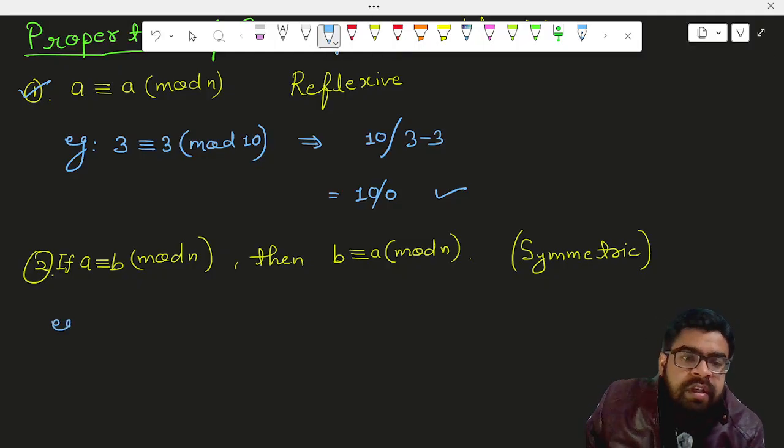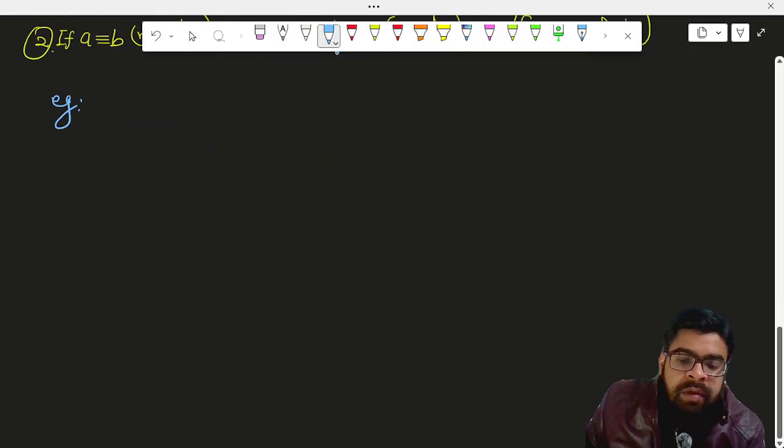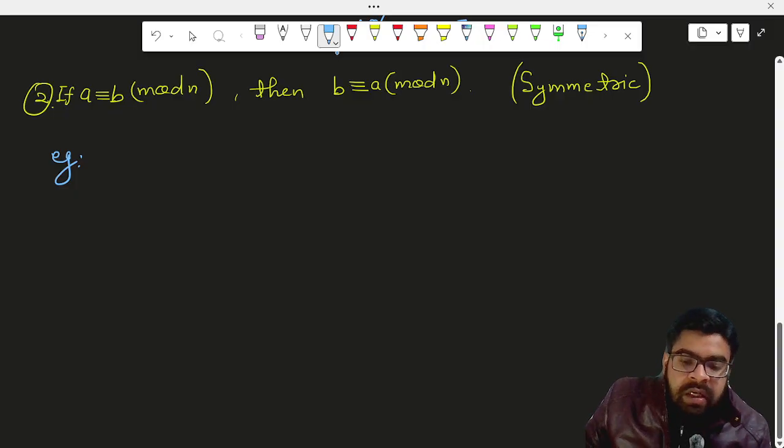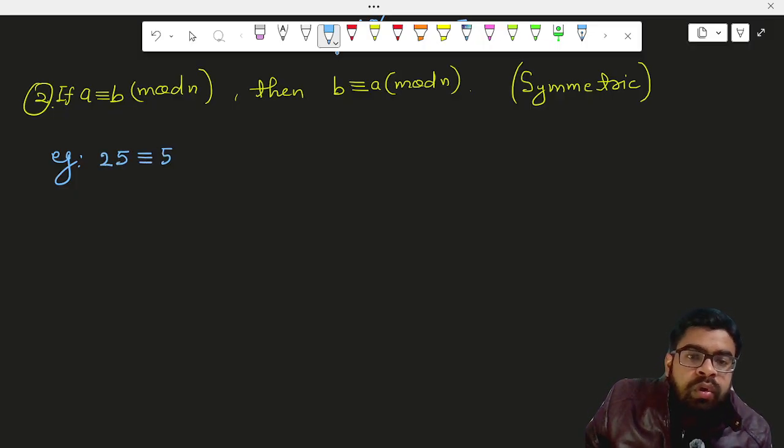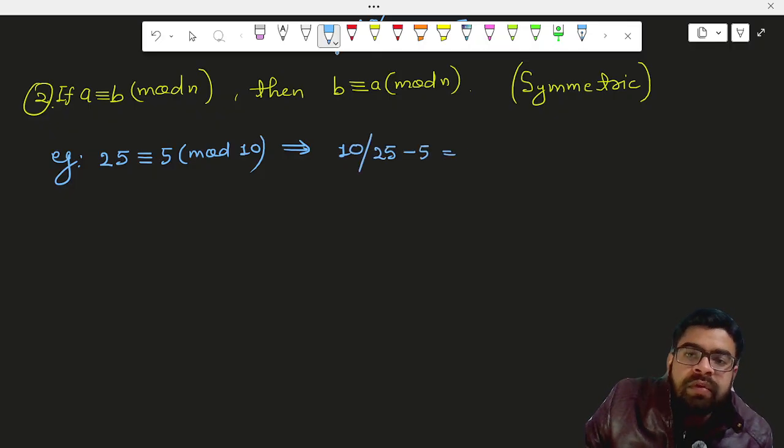For example, suppose we take 25 congruent 5 modulo n, and in place of n I take 10. Is it true or not? See, 10 divides 25 minus 5, so 10 divides 20, which is true.